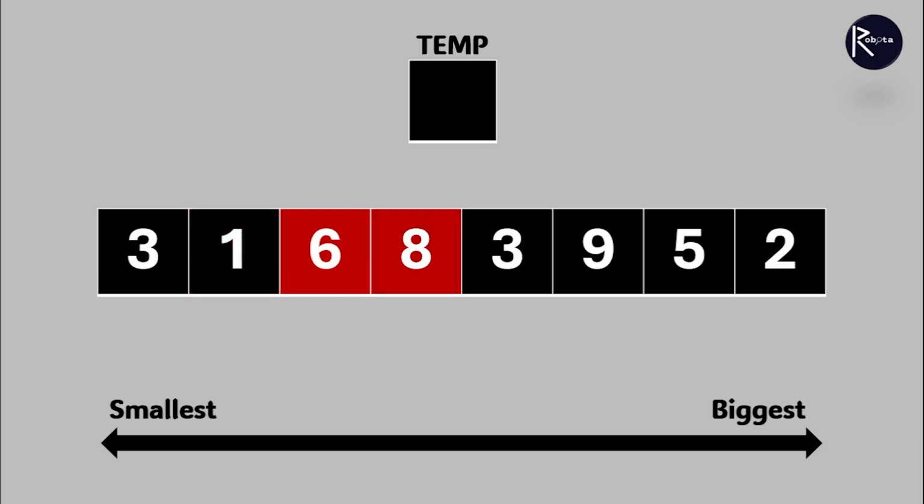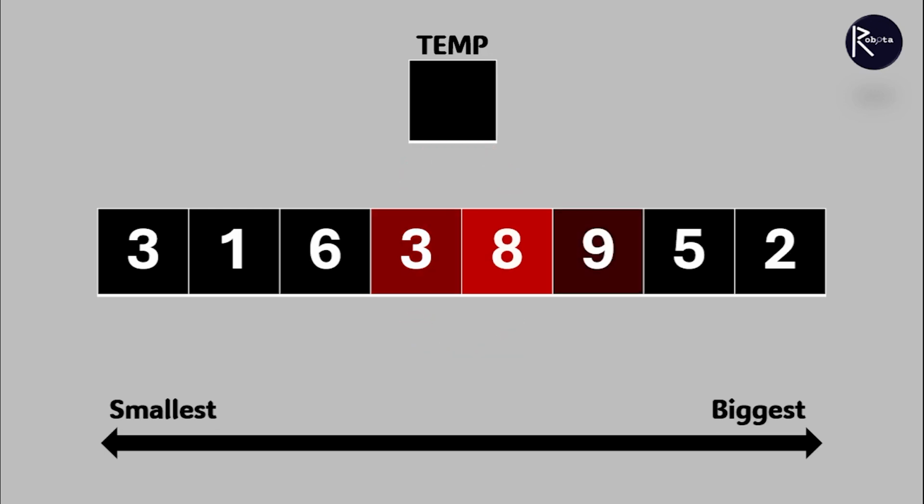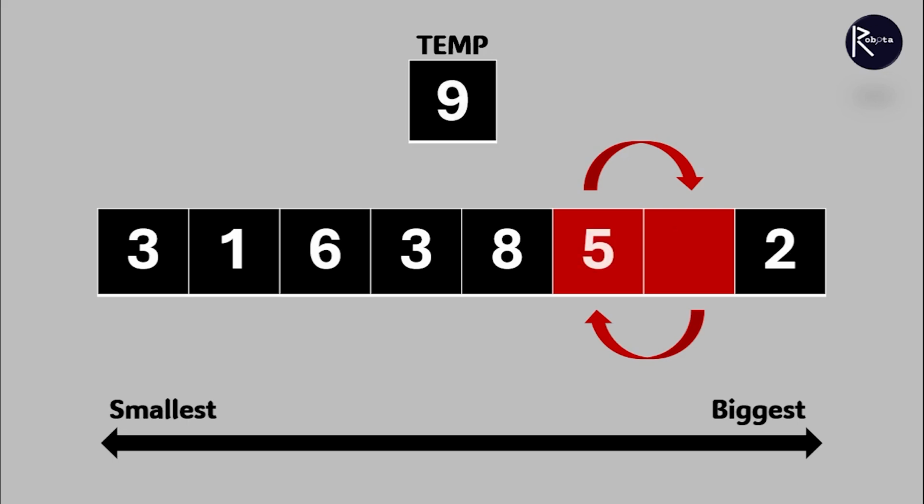Like this, we need to follow the same process until we put the biggest value of the list into the end of the list. Give your full attention to this and see how this happened. We are swapping only the pairs that do not follow our logic.